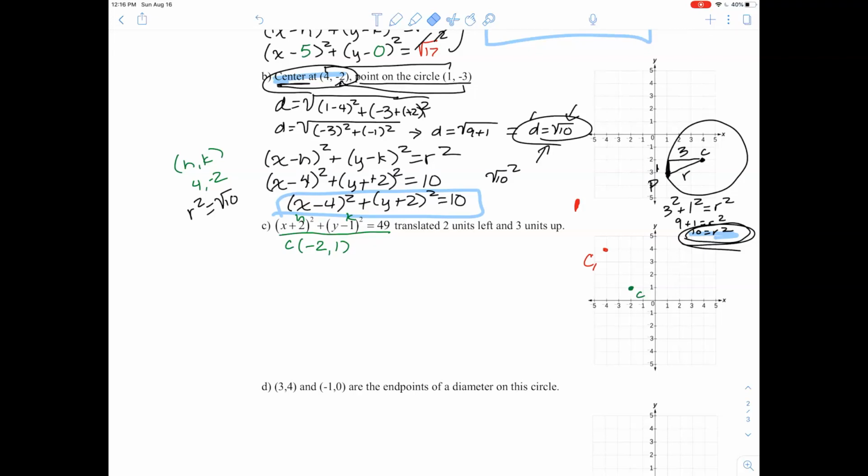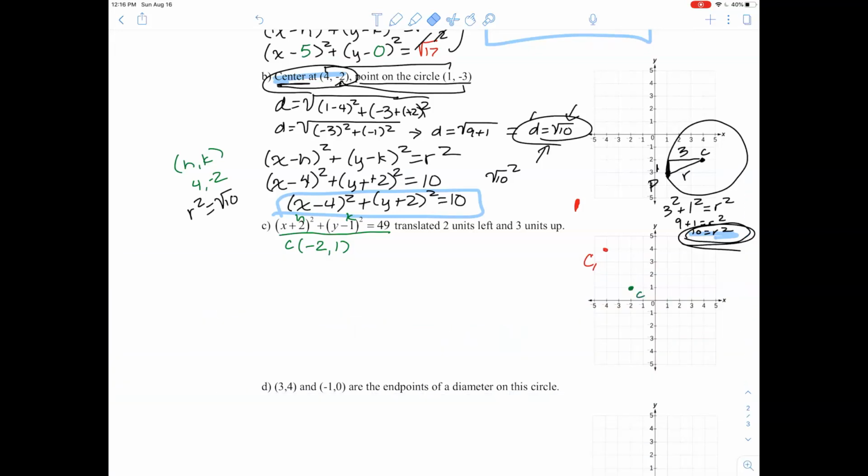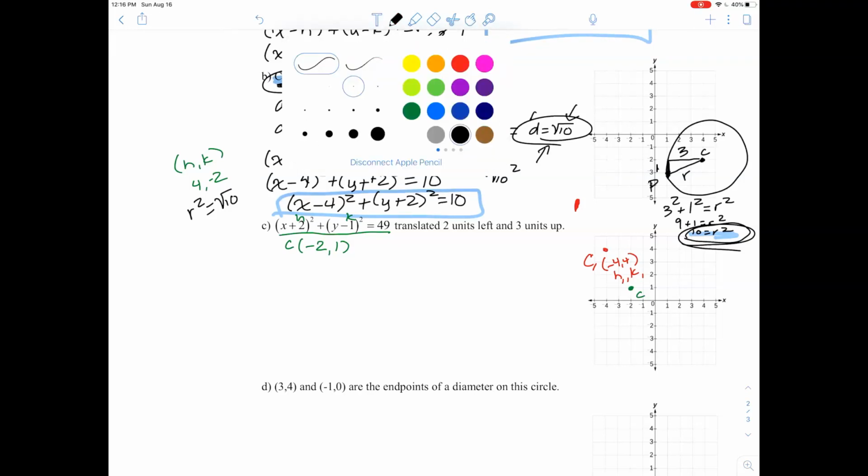Okay, so what I'm doing is taking my circle that was centered at -2, 1, then I'm shifting it 2 units to the left and 3 units up. And so this center's h, k is at -4, 4, right? And so that would be my new h, k. That would be my h prime, k prime. Okay? And so I could rewrite my equation, and I'll do it in red here.